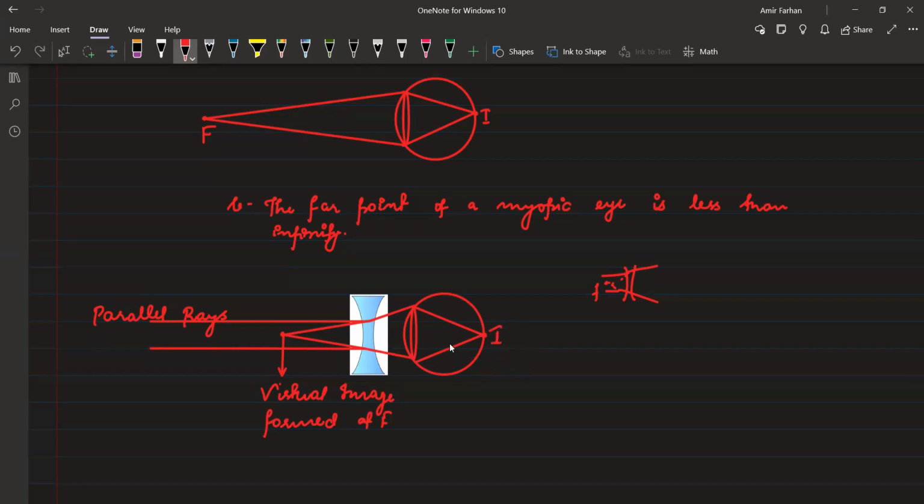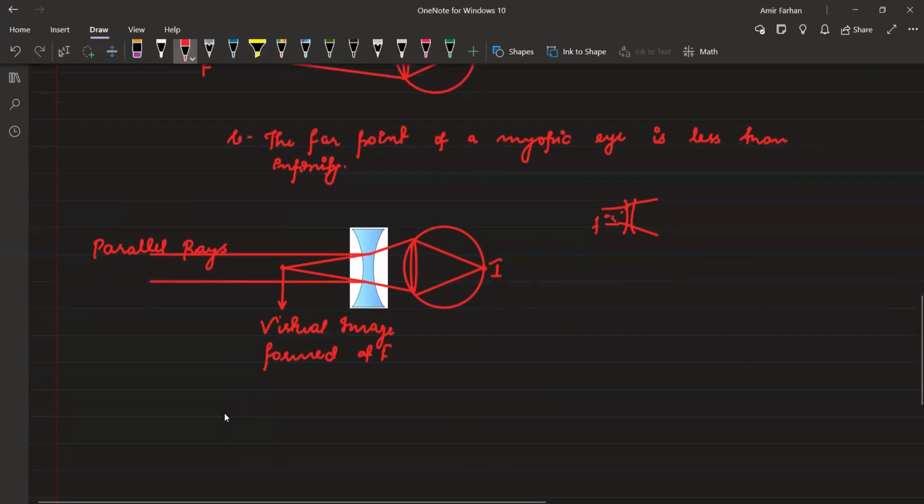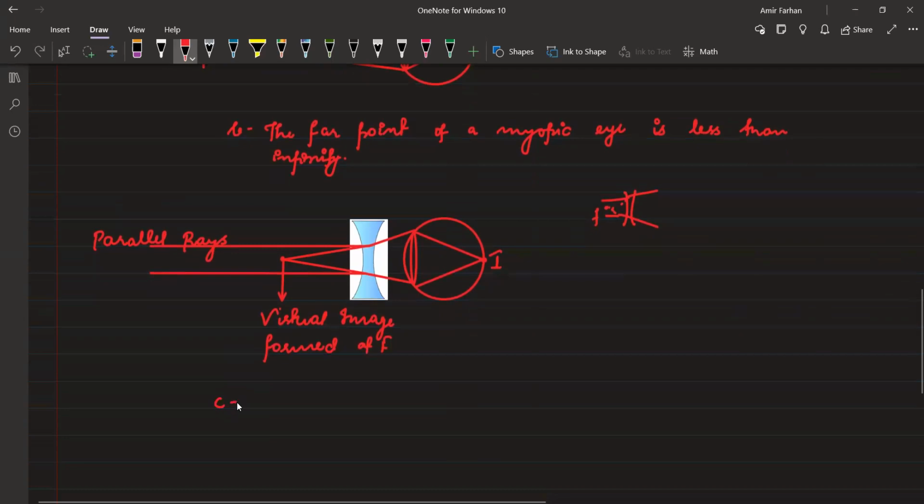So this is I. Okay, this is the C point. So this is the correction of the myopic eye. We use the concave lens so that we can correct the myopic eye. Clear? Correction of myopic eye.